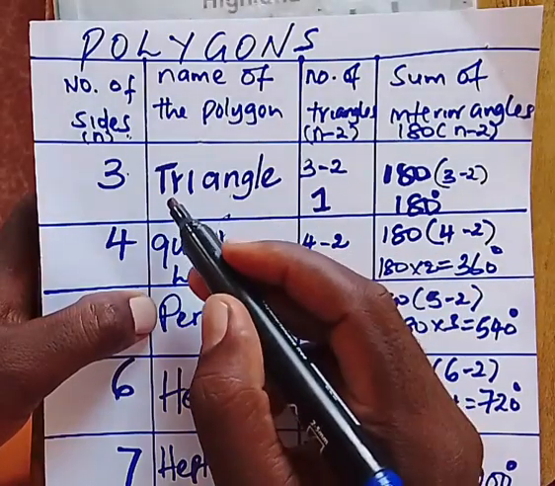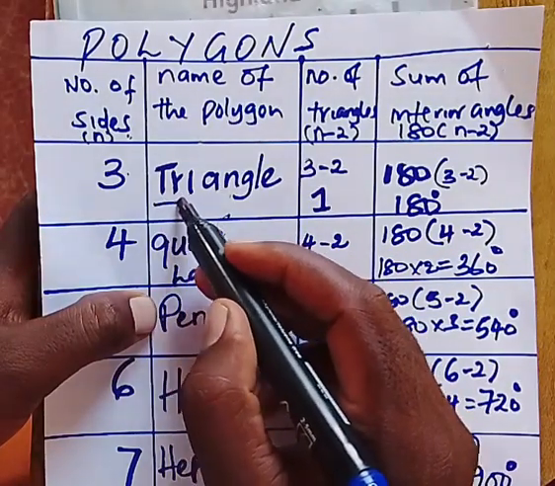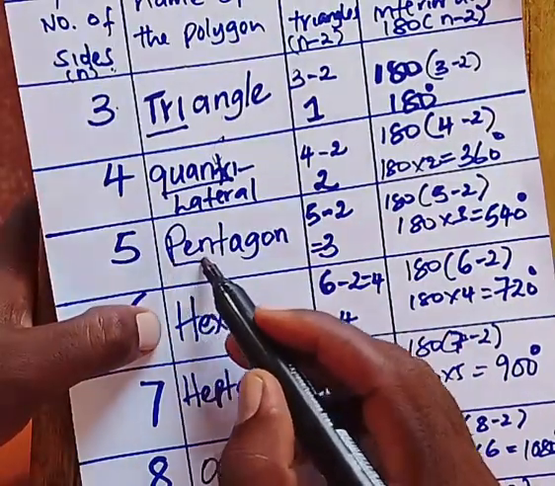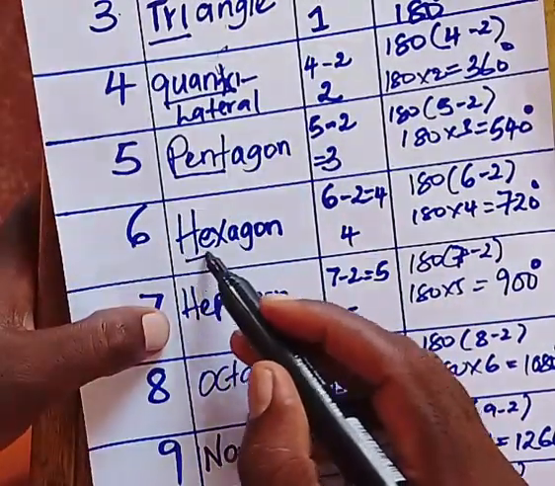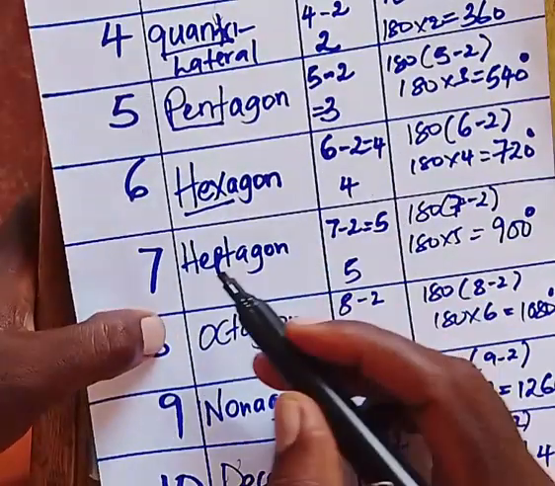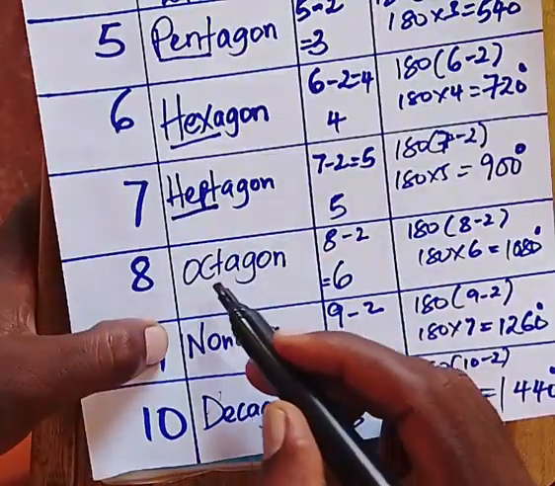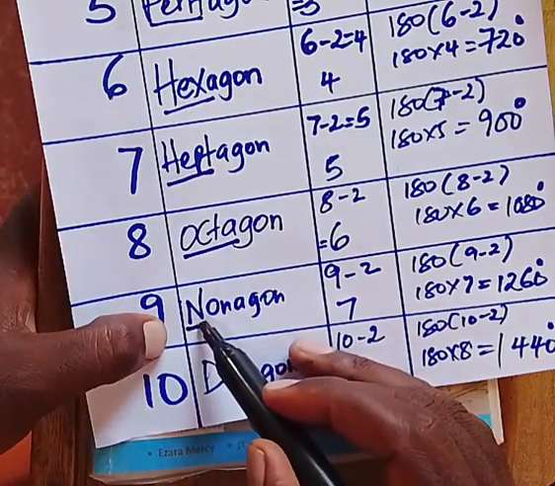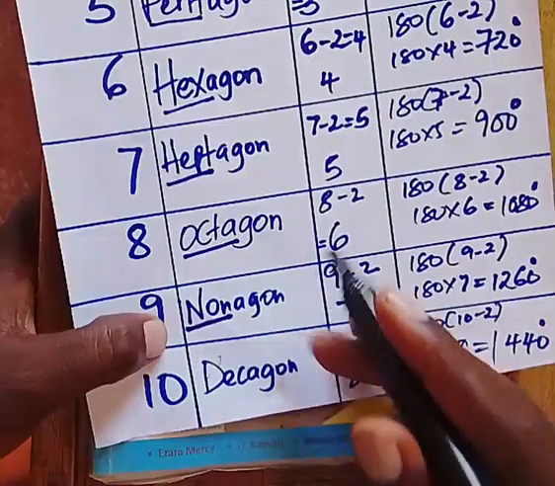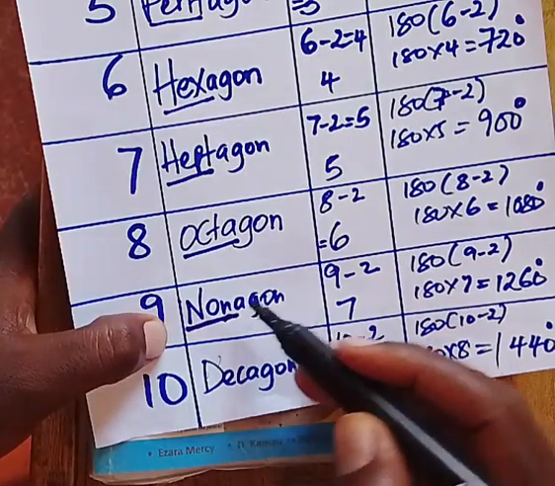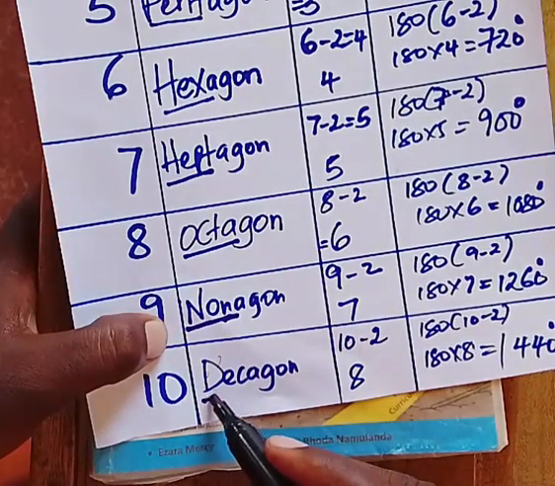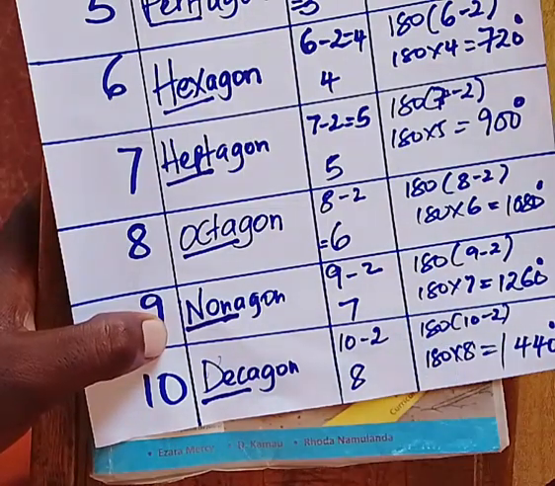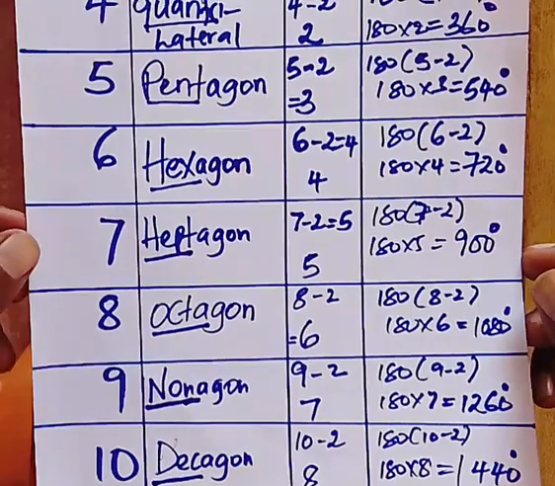So if you look at this, we consider the prefix tri is 3, quadri means 4, pent is 5, hexa is 6, hepta is 7, octa is 8, nona is 9, and dec, which comes from decade, means 10.